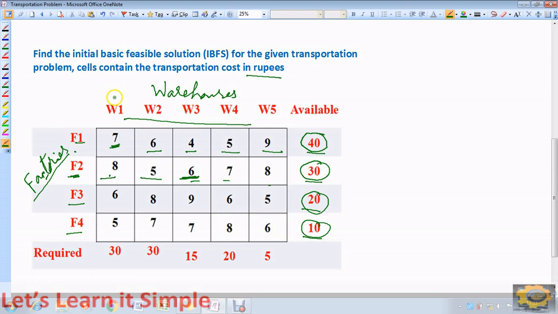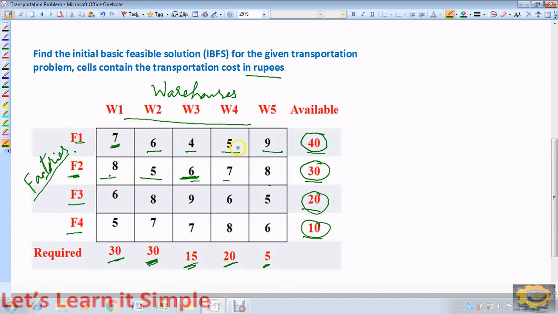Now the demand from the warehouses: for the first warehouse there is a demand of 30. For the second warehouse it is 30 again. For the third warehouse it is 15. For the fourth 20. For the fifth warehouse 5. Now the question is we need to optimize this.